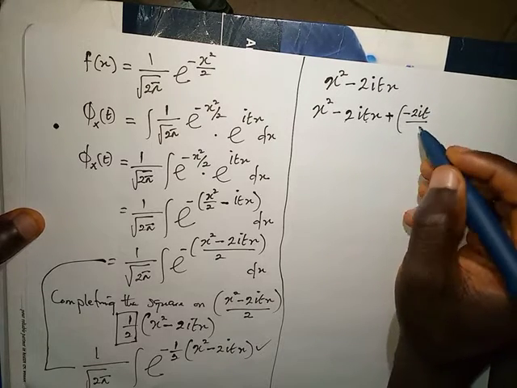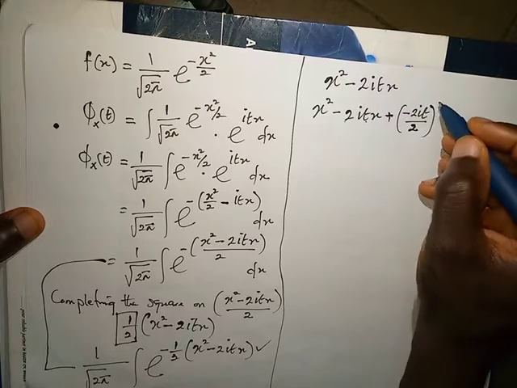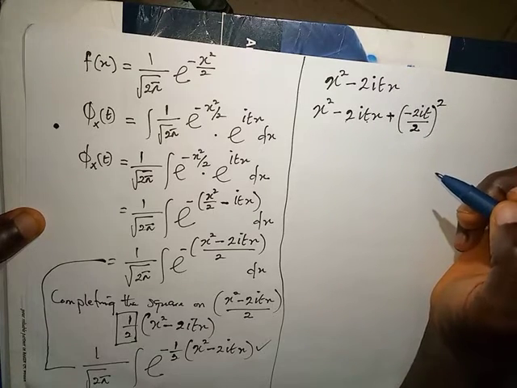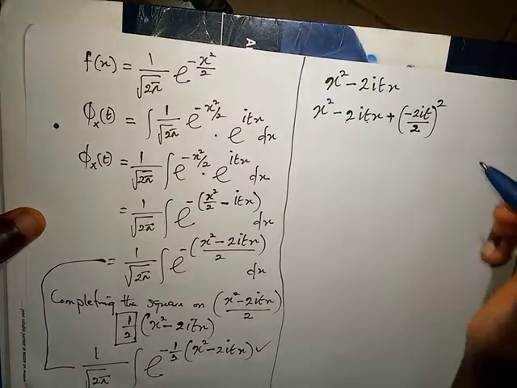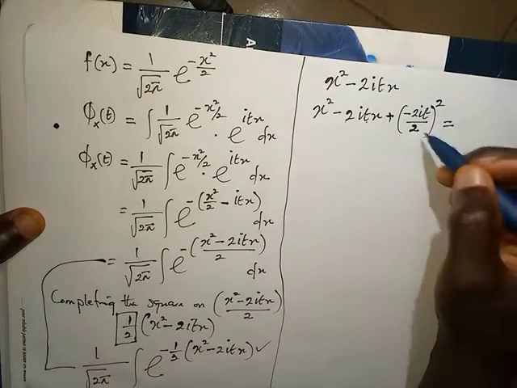We divide it by 2, so we have over 2, then square all.